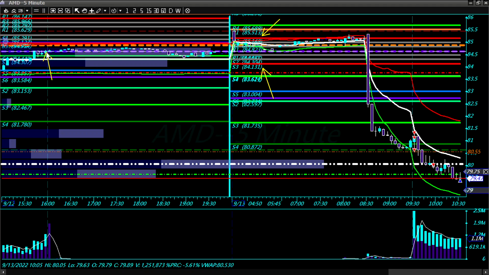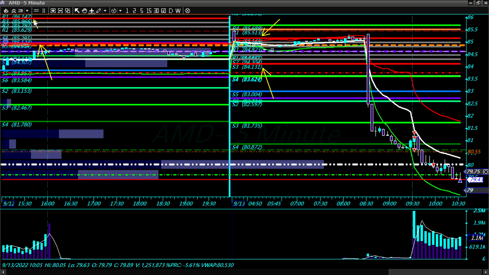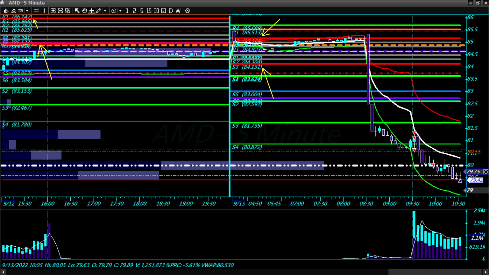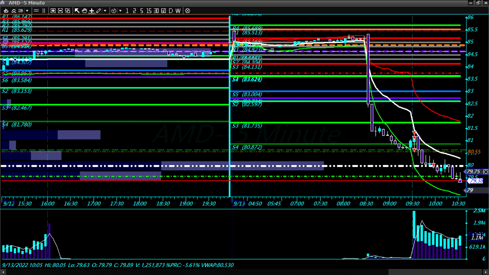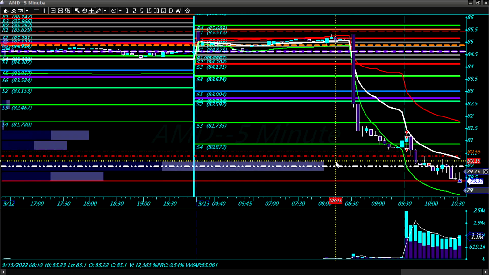Previous S3 was around 84.95, and R3 was at 85.96, right? So it's an overlapping lower value relationship, which is like the weakest kind of positioning of the Camarilla levels for a short, right? So it's moderately bearish, let's say it like that.